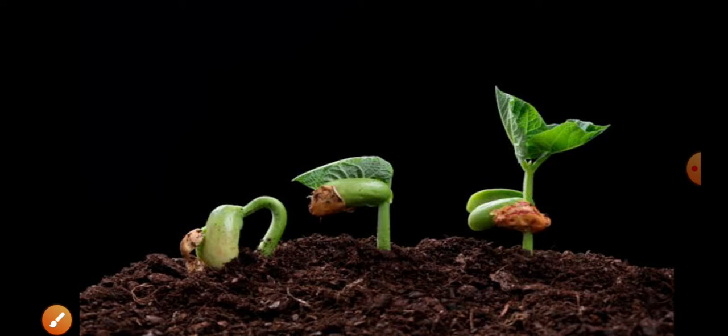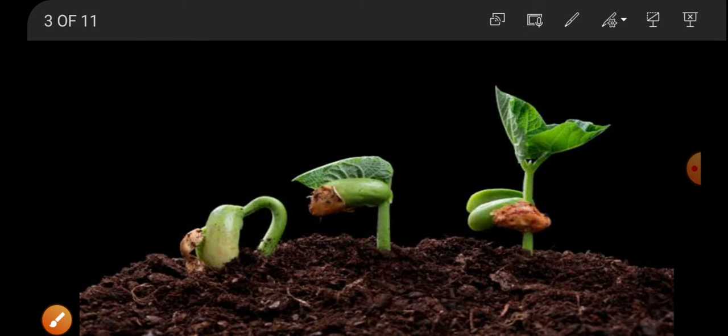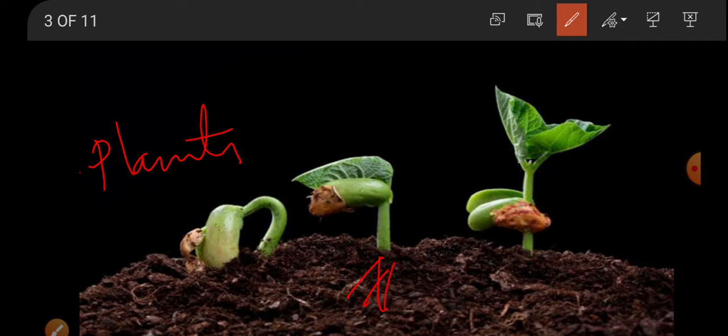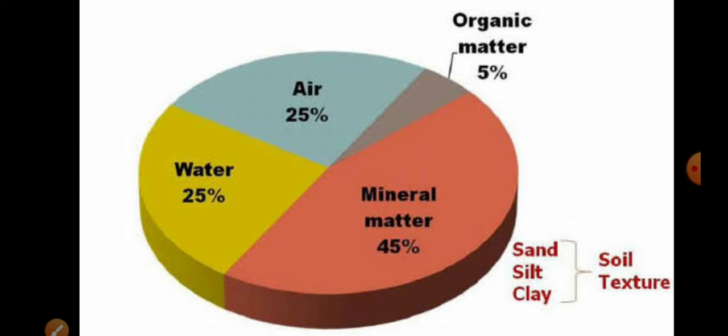Such a soil is the exact place where your plants are growing. The roots of the plants penetrate tightly into the soil, and that plant, you know, directly gives us food material. So let us see the composition of the soil.